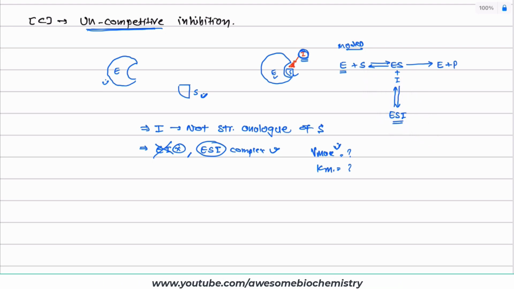So if you go on increasing the substrate concentration, whatever the substrate concentration is, this inhibitor molecule will always be bound with this enzyme substrate complex. Some of the enzyme will always be occupied in the enzyme substrate inhibitor complex, and so the velocity will be decreased. We will not be able to achieve the normal maximum velocity. So here we can say Vmax is going to be decreased.